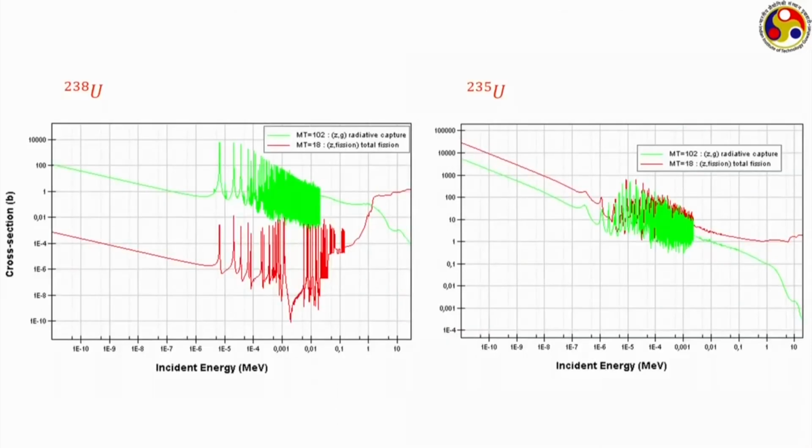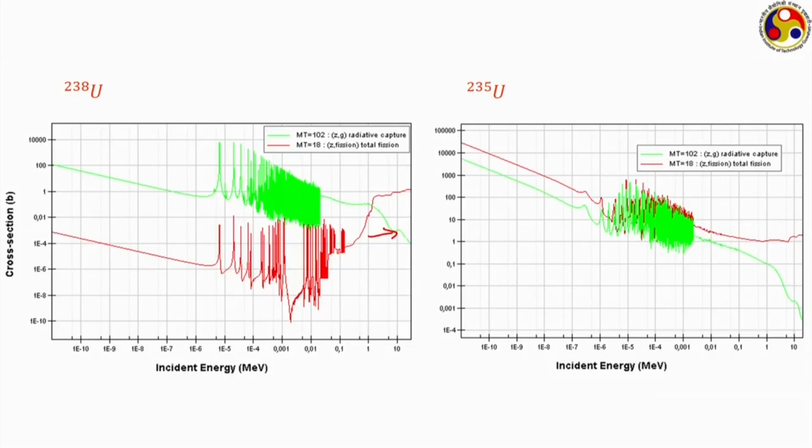Now, if we compare one fissile and one fertile nucleus, uranium 235 and uranium 238, what is very interesting for uranium 238 is that the capture cross section is much larger than the fission cross section almost throughout, apart from very high energy levels, that is energy of 1 MeV or more, which is fast or ultra fast neutrons.